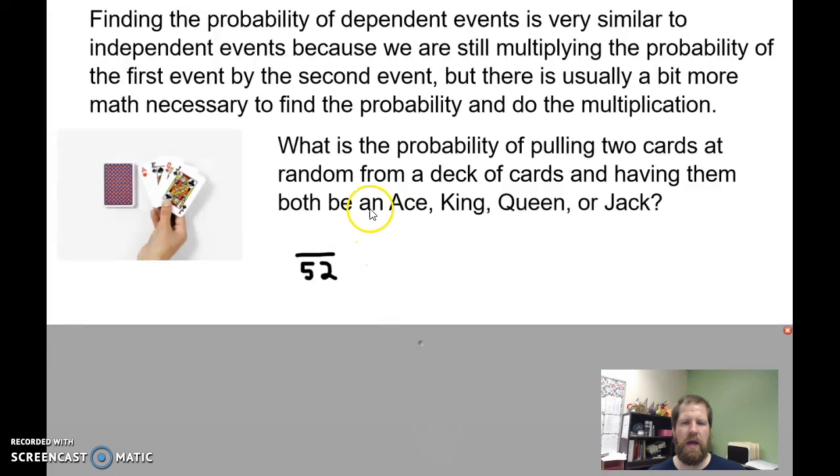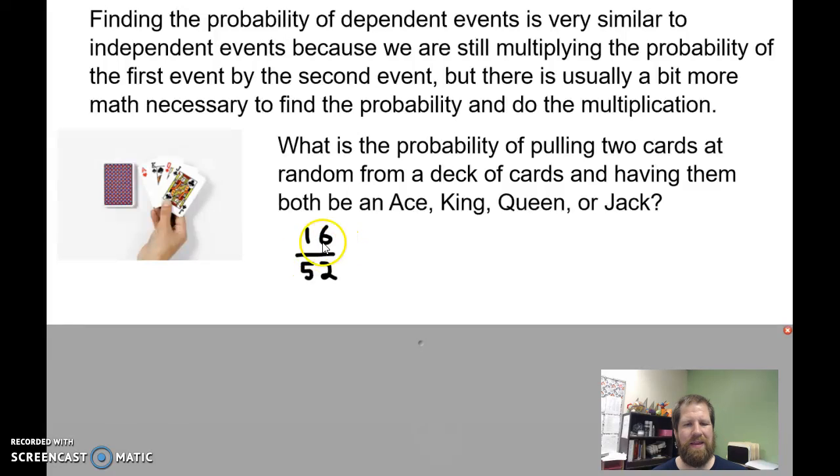It doesn't matter about the suit, we can pull an ace, king, queen, or jack. So we've got 4 options in each suit, so we've got 16 possible outcomes. We can simplify that, but I'm going to leave it the way it is for now.